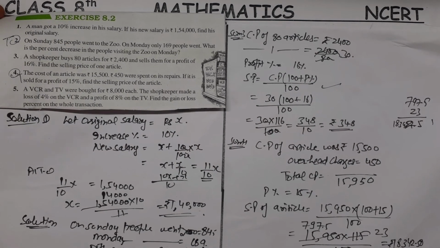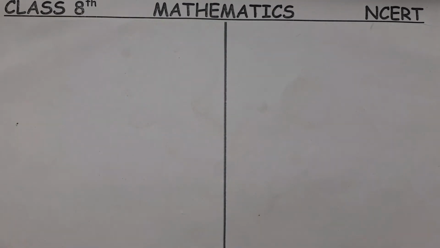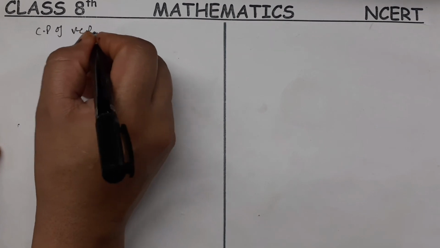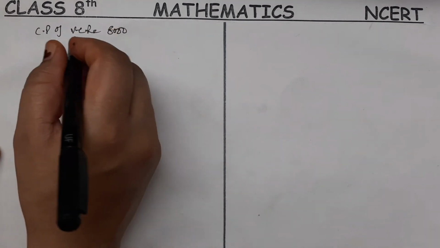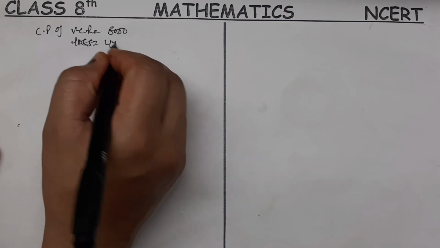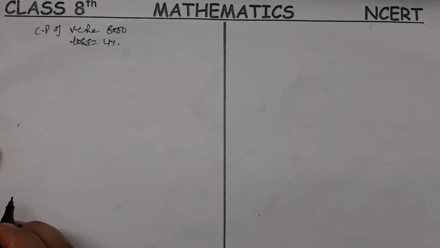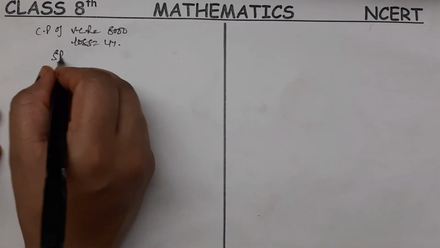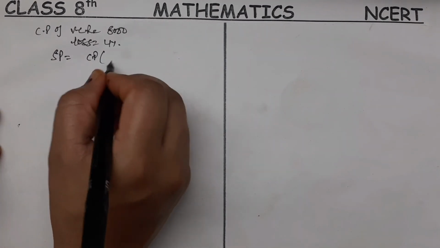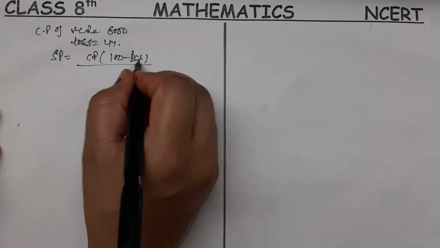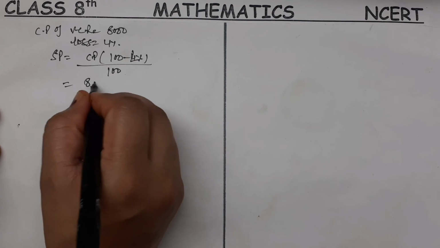CP of VCR 8,000. Loss 4%. Selling price formula: CP into 100 minus loss percent by 100.